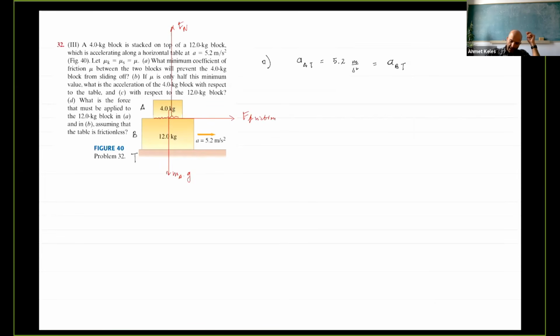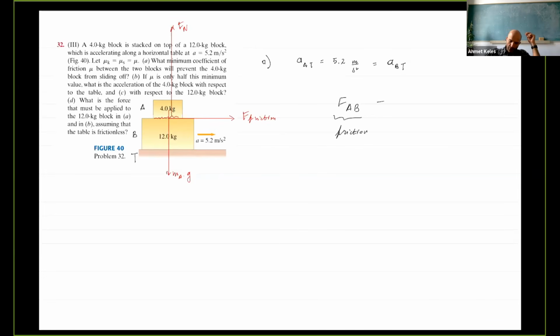Now let's write this F. Maybe I can write it like a force on A by B. So this is due to friction.